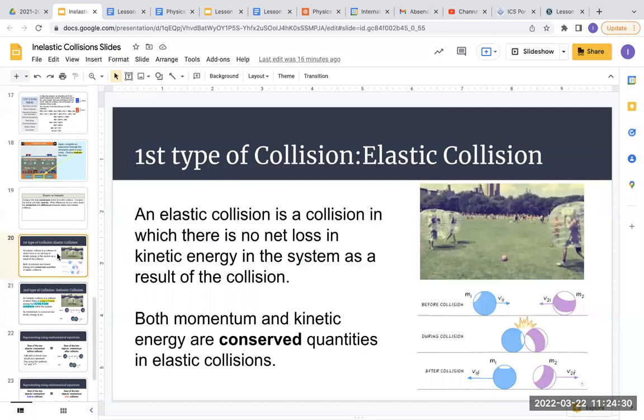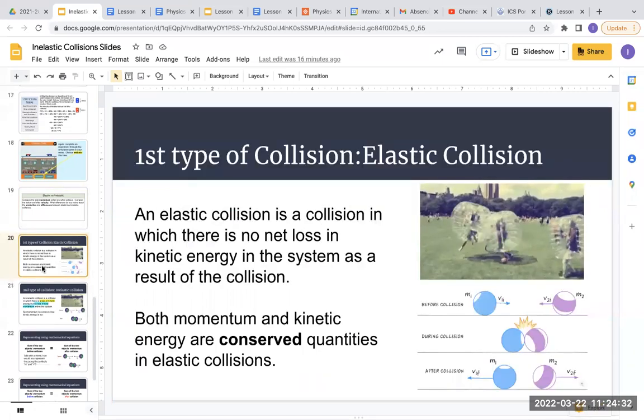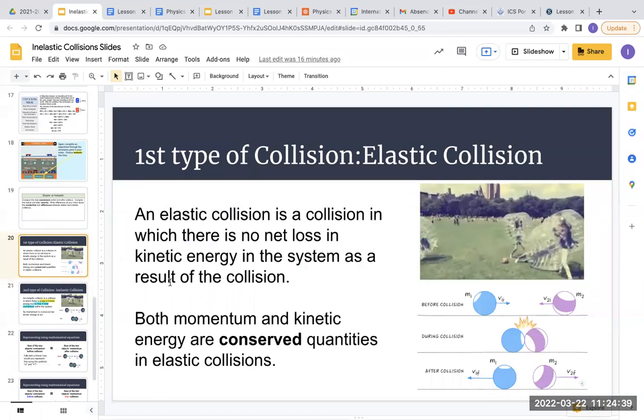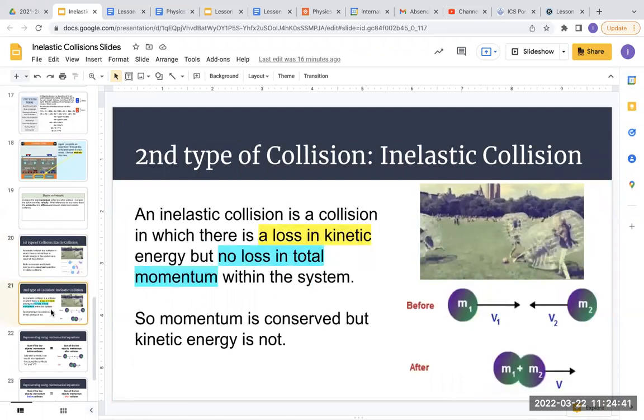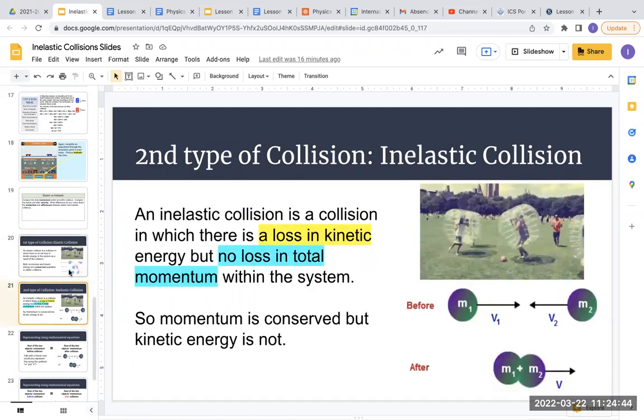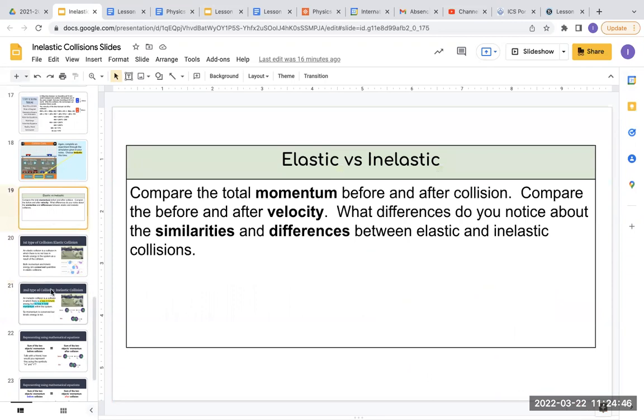Now we would define elastic collision as no loss in kinetic energy. However, if we look at inelastic collision, back in this question, you would probably have realized that although the total momentum before and after collision does not change, there seems to be a slower velocity if the collision is inelastic.